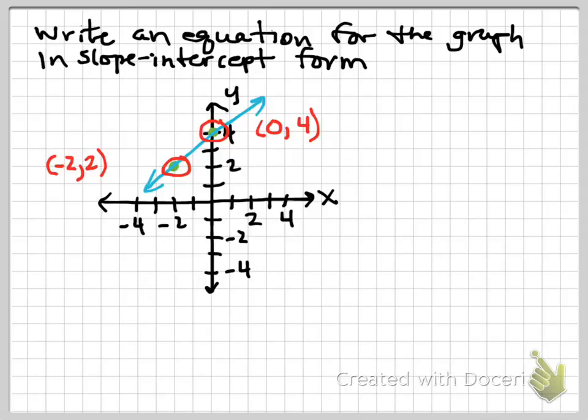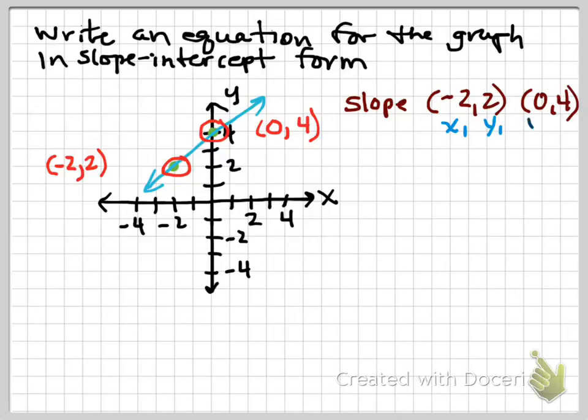Okay, now I'm going to demonstrate doing rise over run, but again, you can solve for the slope using the coordinates, the 2 points. Actually, I'm going to do it that way because I liked how she did it in the video, and I want to make sure that you guys have a record of that. So for our slope, our 2 points we're using are -2, 2, and 0, 4. I am going to do the same thing she did. I'm going to identify who's x1, who's y1, who's x2, who's y2.